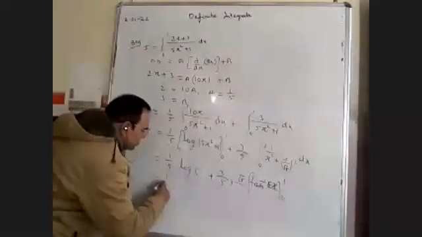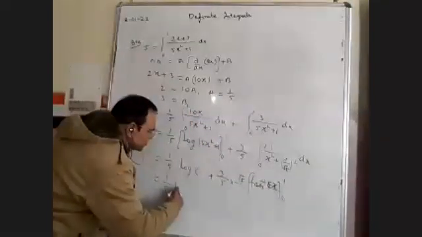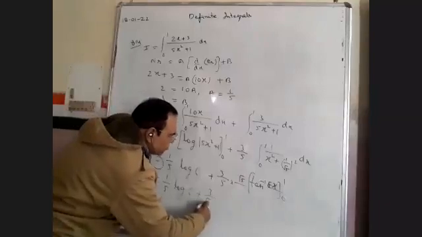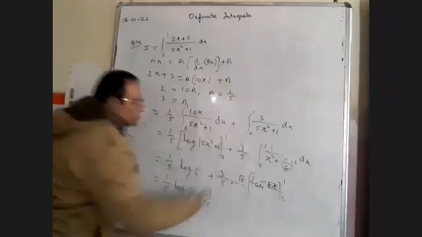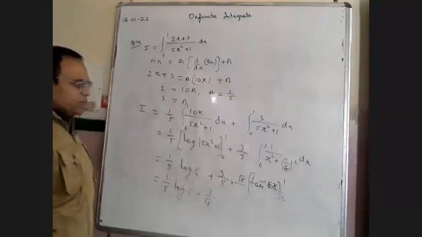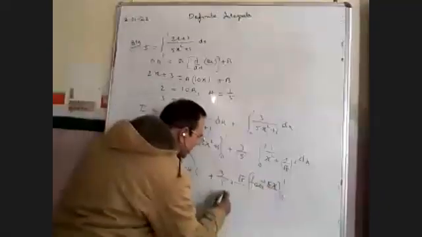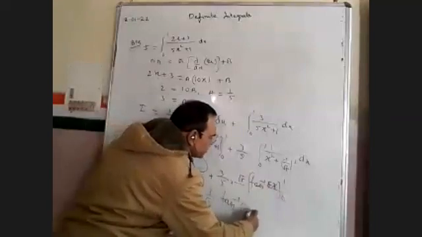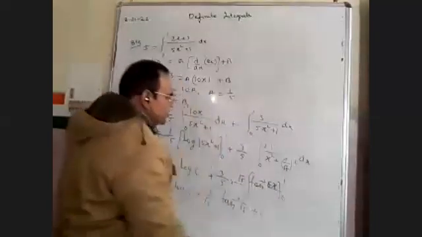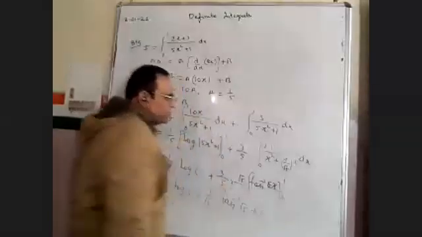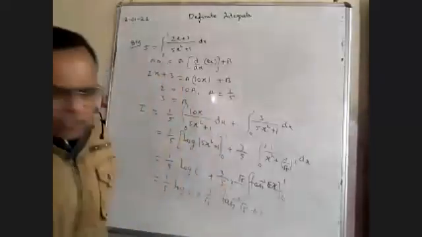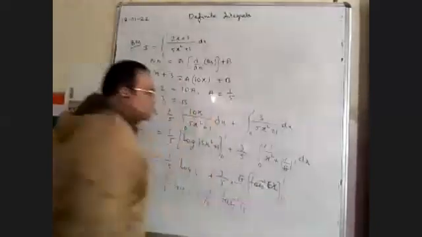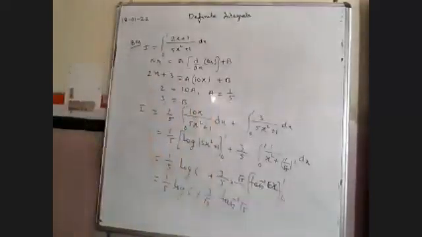Then the answer will be 1 upon 5 log 6 plus 3 upon root 5. Root 5 say 5 we can cancel, and if you put x is equal to 1, then tan inverse root 5 plus c. Because it is a definite integral, constant c will be 0, so there is no need to write c here. If you put 0, it becomes 0 only.